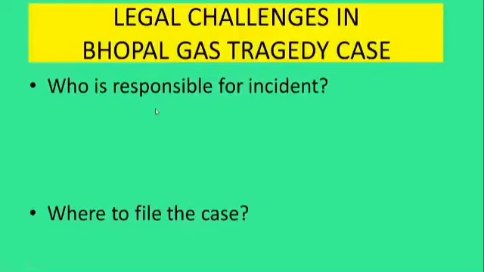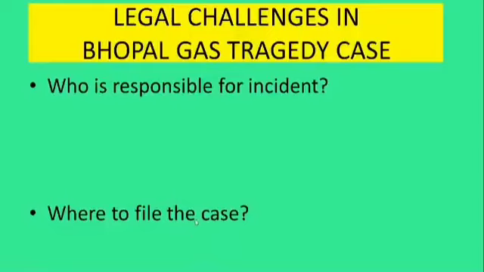But there were a number of people who were of the view that it is UCIL, that means the subsidiary branch of UCC, that is Union Carbide India Limited, that is responsible in this case. There was also a lot of confusion regarding where to file the case.